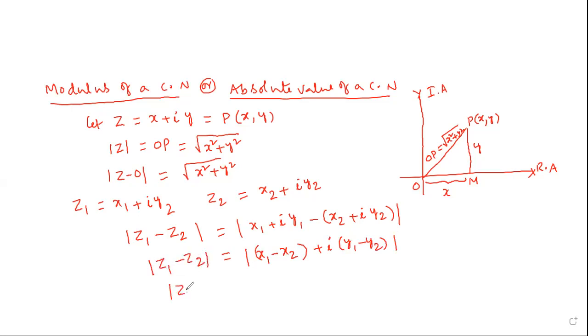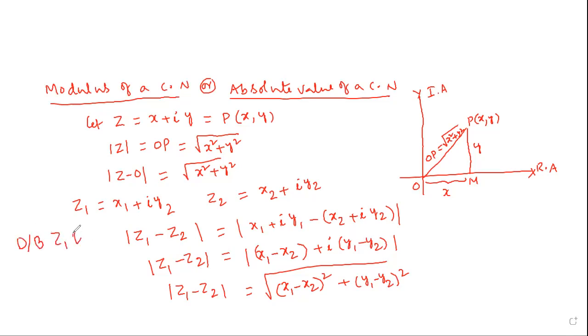So modulus of Z1 minus Z2 is equal to, by the modulus formula, the square root of x1 minus x2 whole square, meaning real part square, plus imaginary part square, y1 minus y2 whole square. So this is the distance between the two points. This is called the distance between Z1 and Z2 in complex numbers, represented by modulus of Z1 minus Z2.